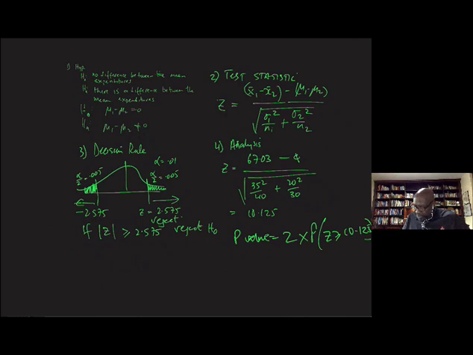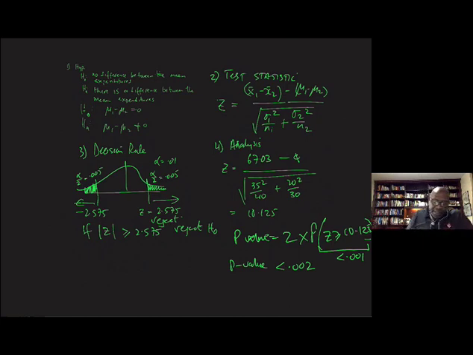So this portion is less than 0.001, and multiplying by 2, our p-value is less than 0.002. That is also less than alpha, which is 0.01. So we'll reject the null hypothesis anyway.